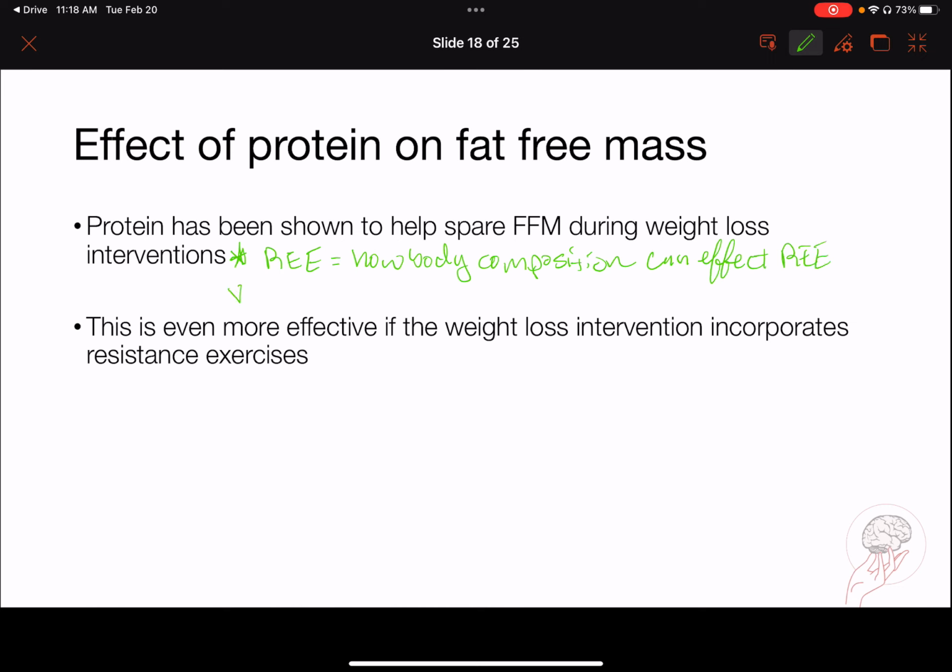Also think about that when we lose weight, we're usually losing water weight, fat-free mass, and then some fat mass. And also consider the low fat versus low CHO diets we just talked about at the end of the carbohydrate lecture.